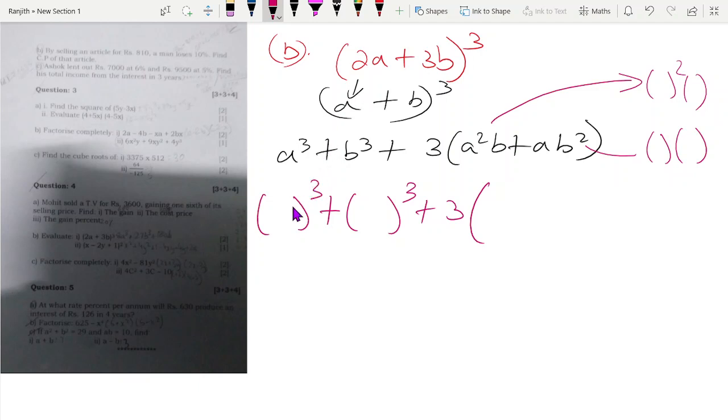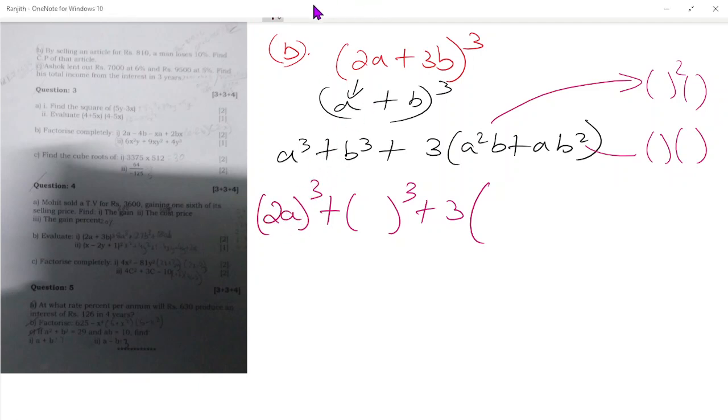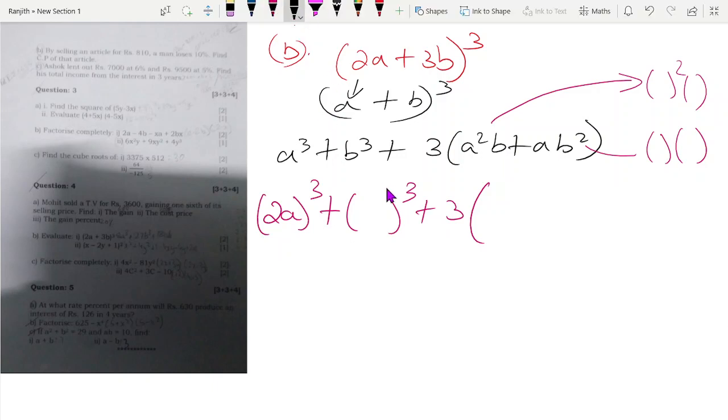What is A from this? What's the A cube value? A value is 2a. Okay, Mariana, answer this. I've written the formula. Substitute, give me the values. What's the value of B? 3b.